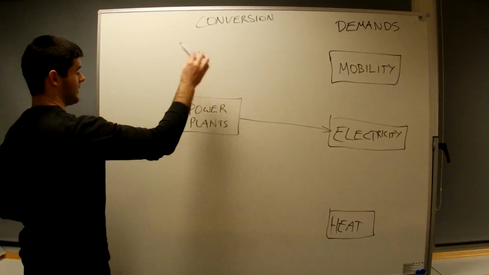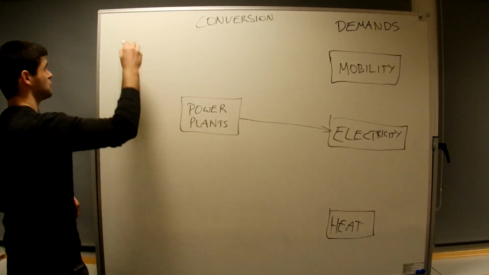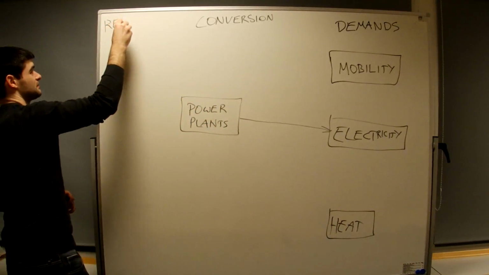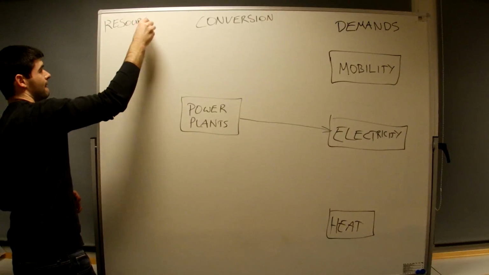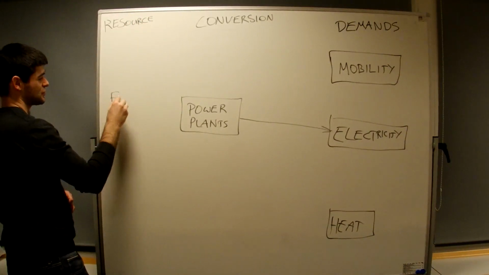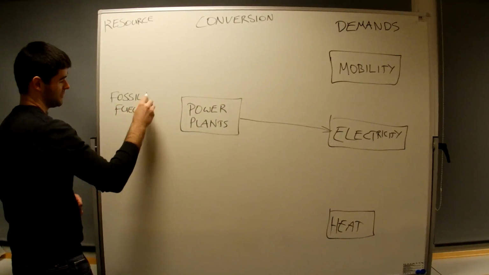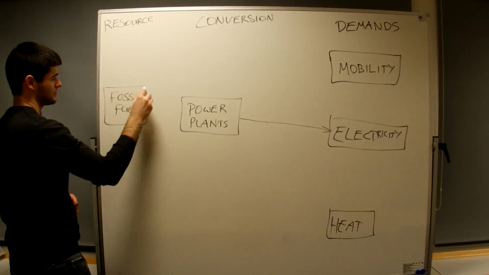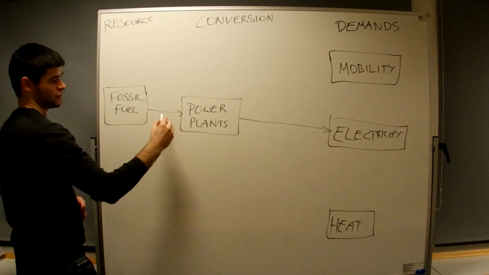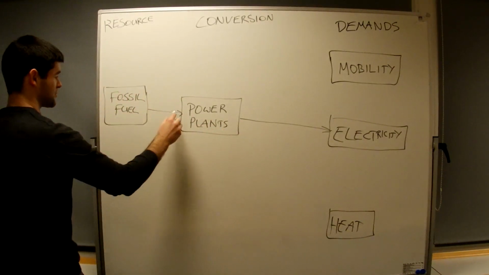So if we then, after the conversion technology, we put the resource, then today we have some form of fossil fuel being put into a power plant, which then converts the fuel to electricity for the end user.